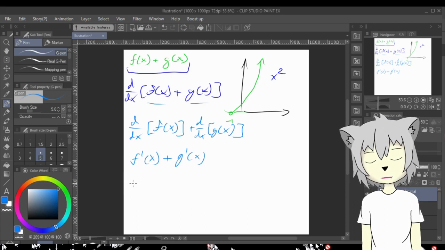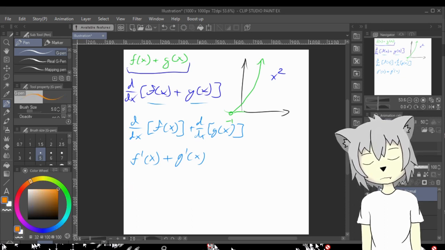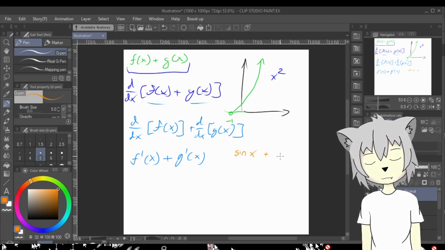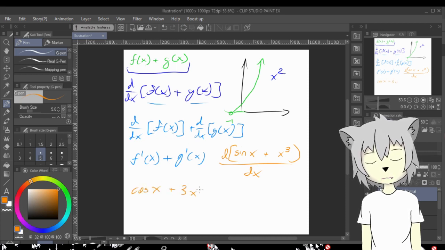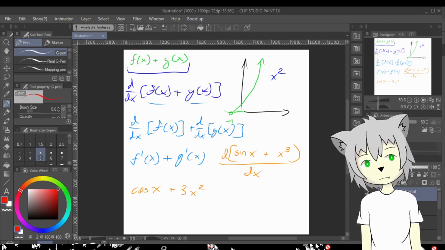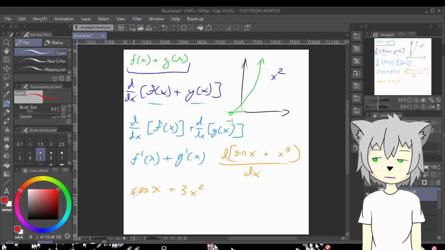For example, if you had sine of x plus x cubed, and we're trying to find the derivative of that, you would just end up with cosine x plus 3x squared. You don't need to know why those are. You could just straight up memorize them. Feel free to cheat on that, though. But that's basically the derivative.